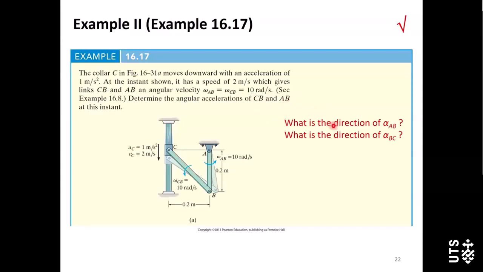For the directions of alpha AB and alpha BC, is it possible to determine their direction by observation?